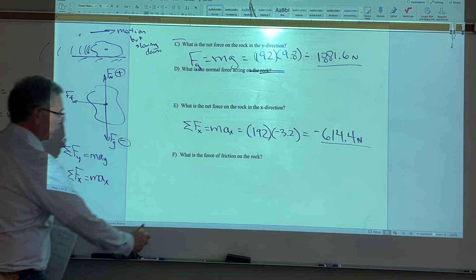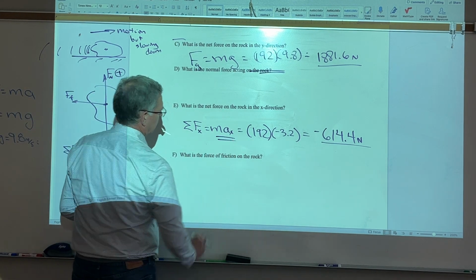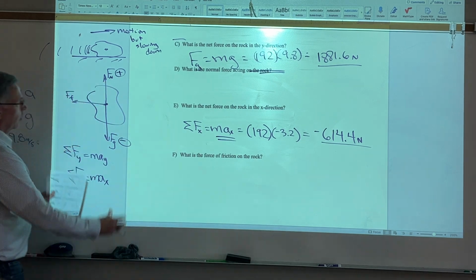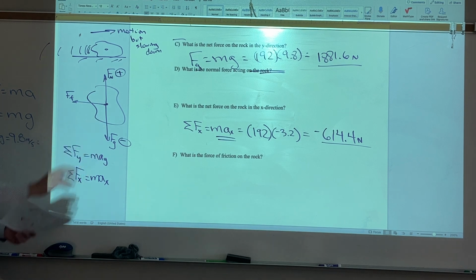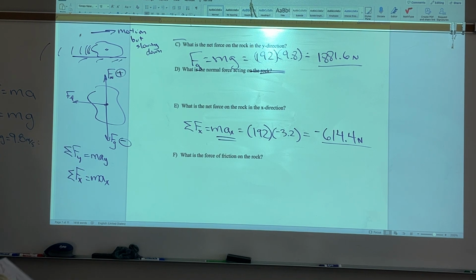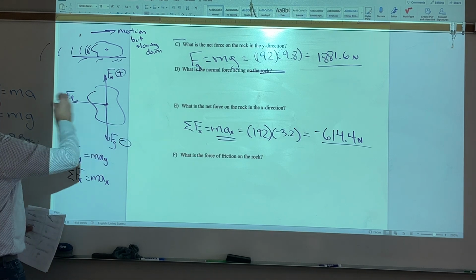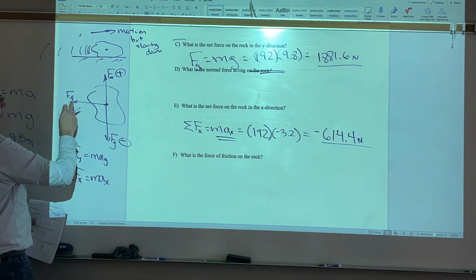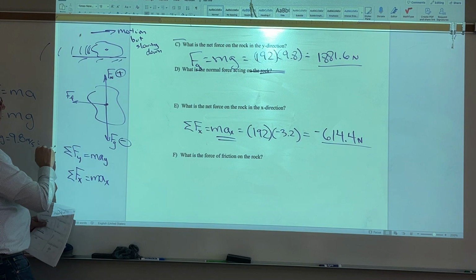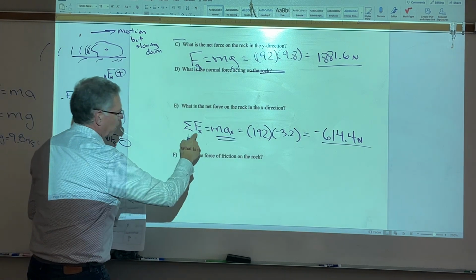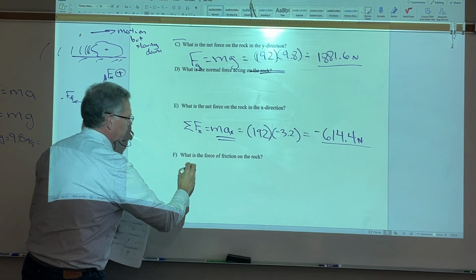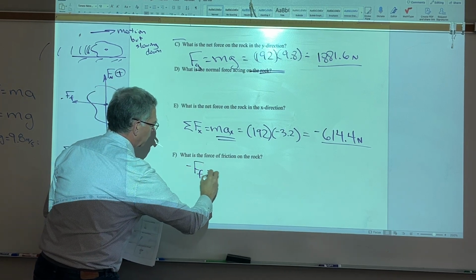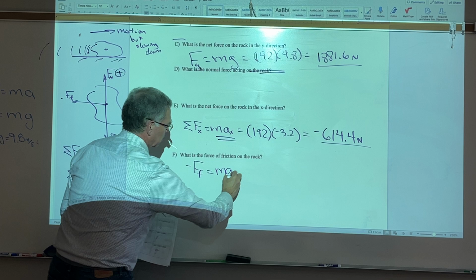That comes from using the right-hand side, mass and acceleration. Now looking at my left-hand side, what forces do I have acting in the x direction? What forces are acting horizontally? Friction. Is that a positive or a negative force? Negative. So the only thing acting in the x direction, negative force of friction, equals my mass times acceleration.